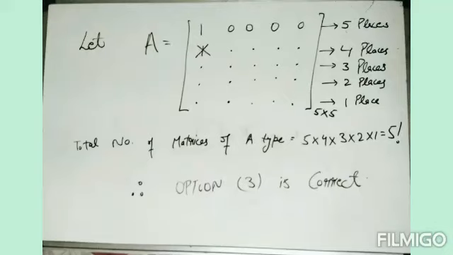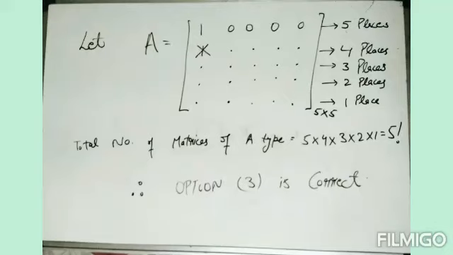Similarly, in the second row, if I have put 1 in the first column of the first row, then I cannot put 1 in the same column of the second row, because then the column sum would be greater than 1. So the number of positions in the second row where I can put 1 by keeping the column sum and the row sum 1 is 4.